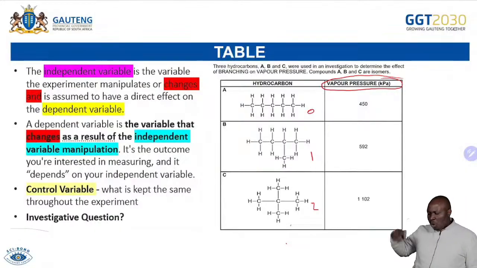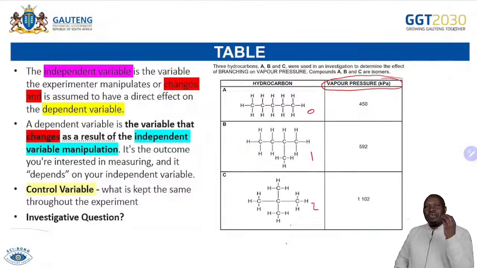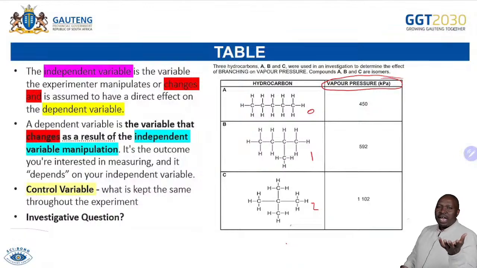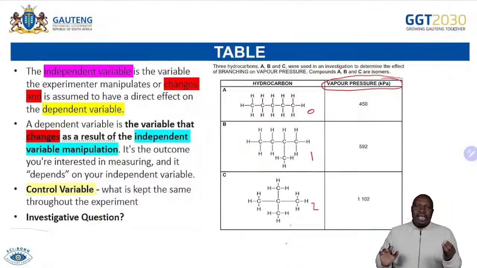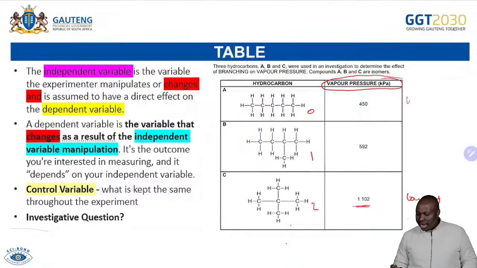Therefore, they will have more vapor formed. So when the strength of intermolecular force is the weakest, that's when we have the highest vapor pressure. The one with the highest vapor pressure has the lowest boiling point, which means in this case, this one has the highest vapor pressure, so in terms of boiling point, this one will have the lowest boiling point. And this one will have the highest boiling point.